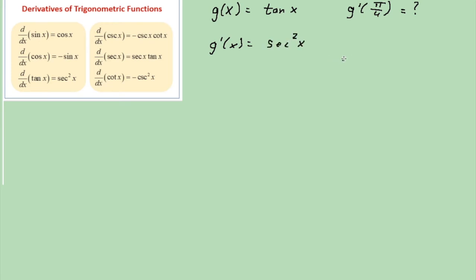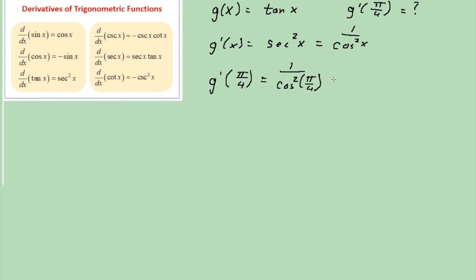Secant squared x can be a little difficult for us to evaluate, so we're going to rewrite this using the rules we learned in the beginning of this video, where secant squared x is really the same as 1 over cosine squared x. Then it'll be quite easy for us to plug this into our calculator. So we're going to plug in 1 over cosine squared pi over 4.